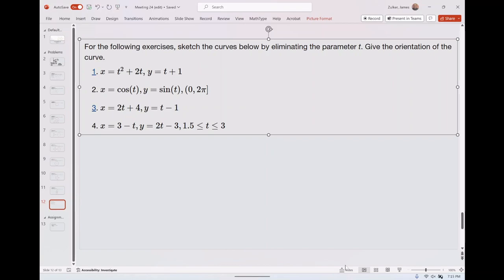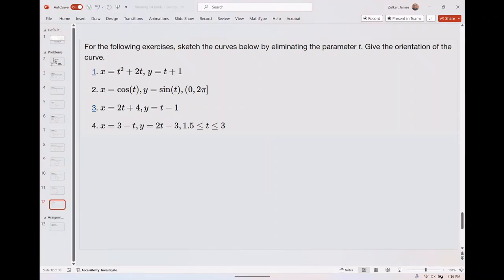So here's the idea with eliminating the parameter. Pick either x or y, and we're going to solve that chosen one for t. Well, for number one, y would be the easiest one to solve, right? So t would be y minus 1.